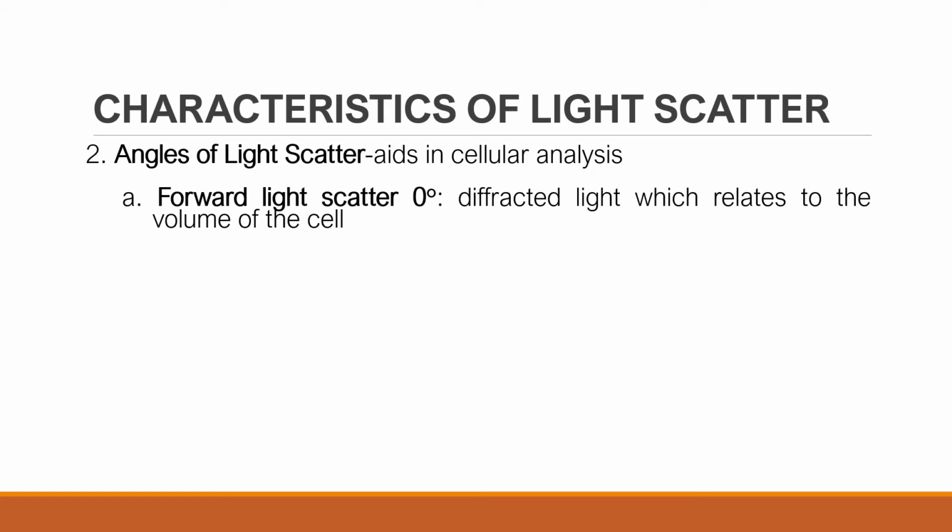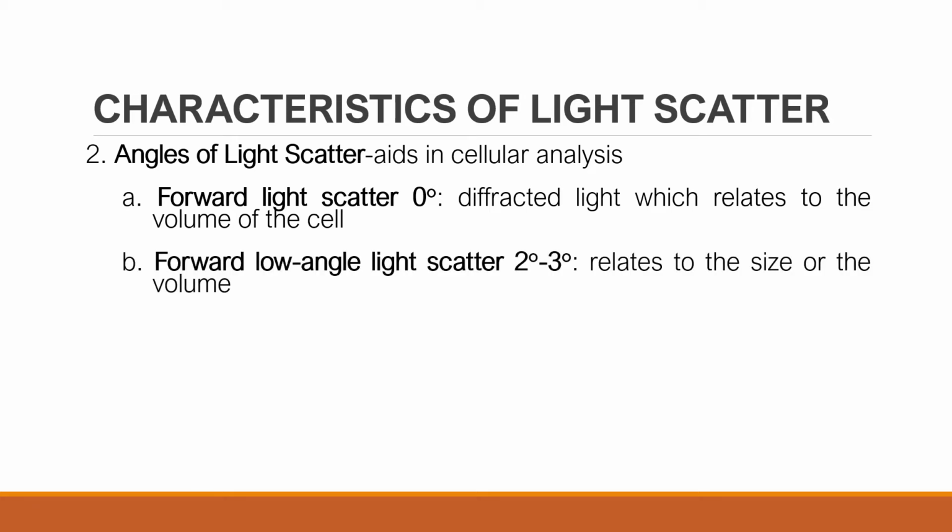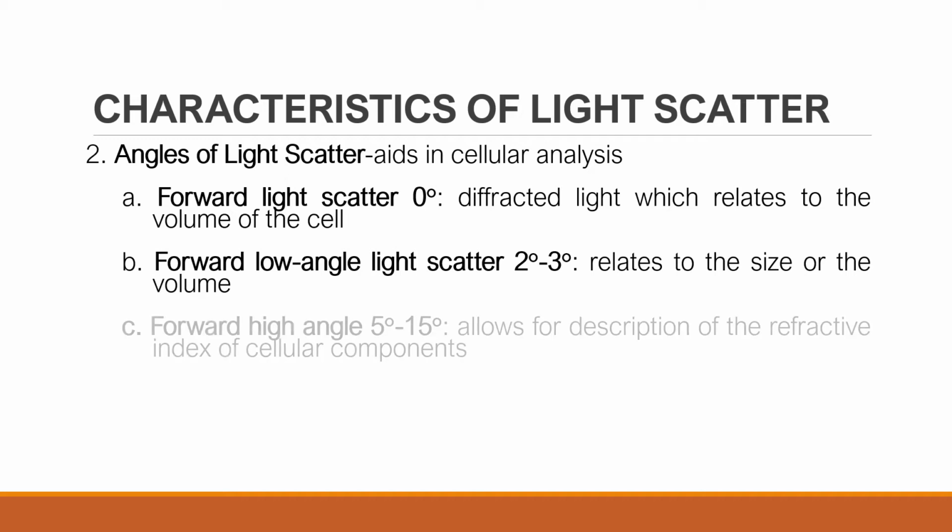Another characteristic of light scatter is the angle of light scatter, which aids in cellular analysis. So we have the forward light scatter at 0 degrees. This one is the diffracted light, which relates to the volume of the cell. Then we also have the forward low angle light scatter at 2 to 3 degrees, which relates to the size or the volume of the cell. Next, we have the forward high angle at 5 to 15 degrees.